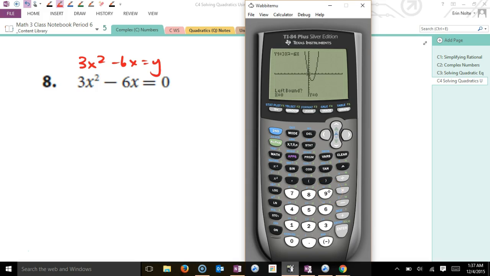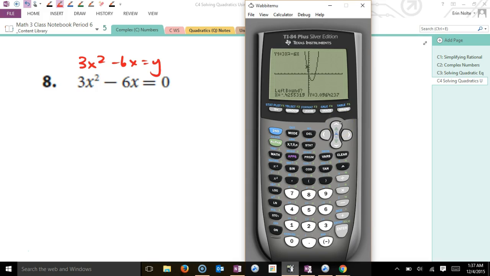All right, so at this point, I'm going to use my cursor, and it asks me a question. It says, give me the left bound. Right now my cursor is exactly on the point I'm looking for, in fact, but I need to go to the left of it. So using your left arrow button, you're going to go to the left.